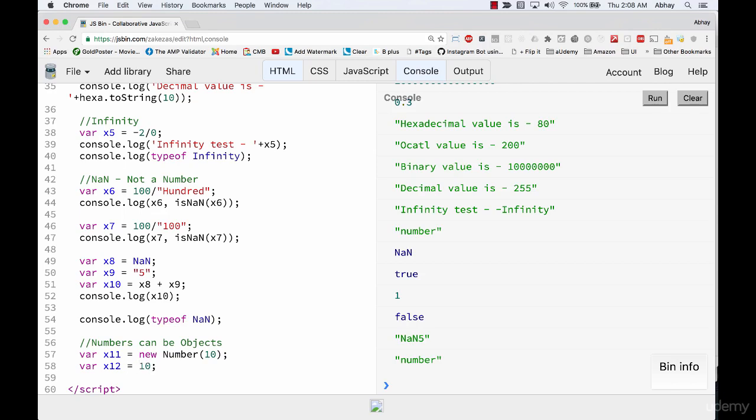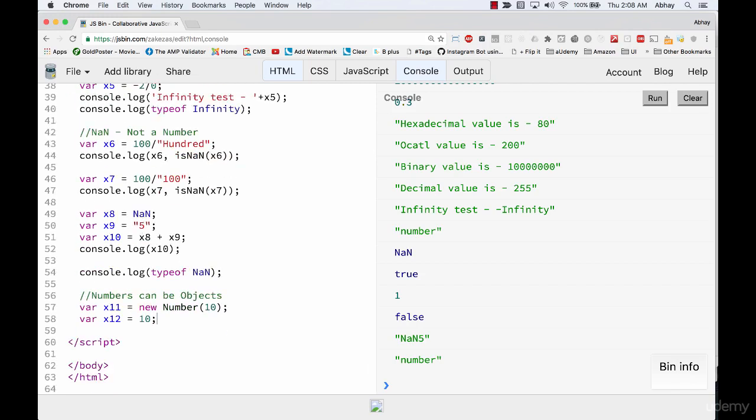And just the way we had problems with strings, we can have problems with declaring a number this way, because it slows down. The new keyword also will be a problem, and it's definitely writing less code when you directly do x equals 10 versus x equals new Number of 10. And just like strings, JavaScript numbers created using new Number cannot be compared because they are of type object, so they'll have the same problems as we had with strings.